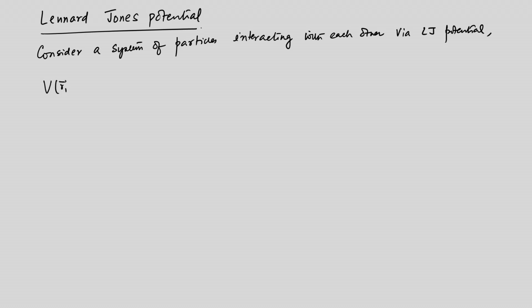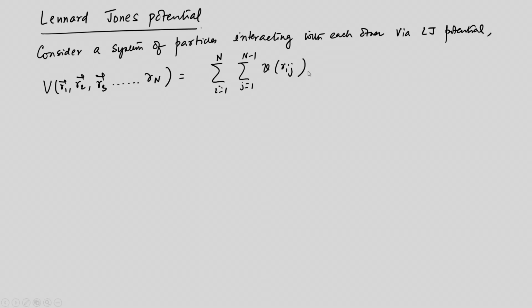So, V(R1, R2, R3, etc., Rn) takes a form where i equal to 1 to n, j equal to 1 to n minus 1, just leaving that one particle, and then there is V(Rij), where V(Rij) takes a form 4 epsilon.